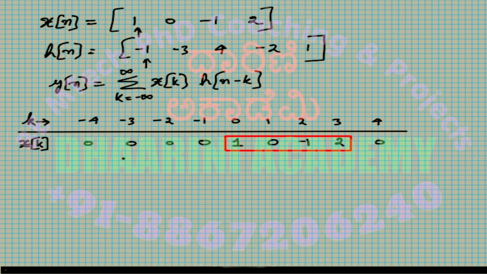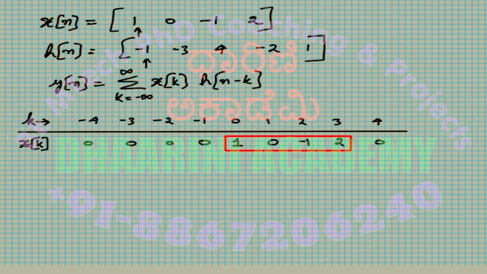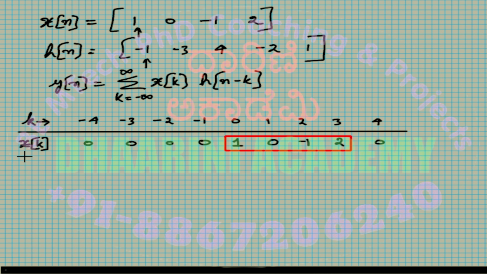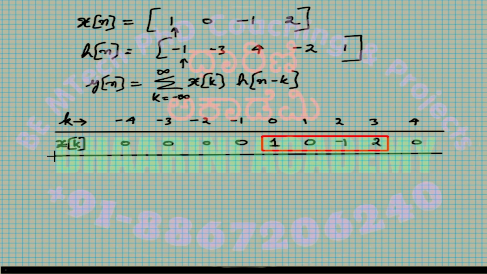Next, below this, you write your second function, that is h. This is my second function using which I'm trying to do this convolution. I just have to write the second function below this. So the second function is the h of k.